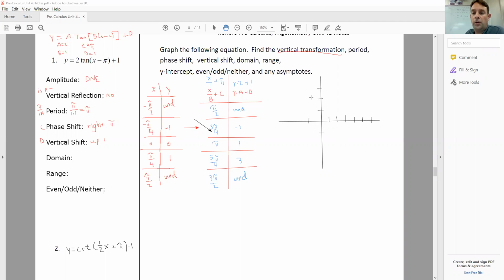Just for the fun of it, I'm going to put a negative 1 over here. So this is negative pi over 4. So this right here then is 2 pi over 4. And this is 6 pi over 4. So that's what I'm counting towards. All right, so I have my asymptotes in at pi over 2.